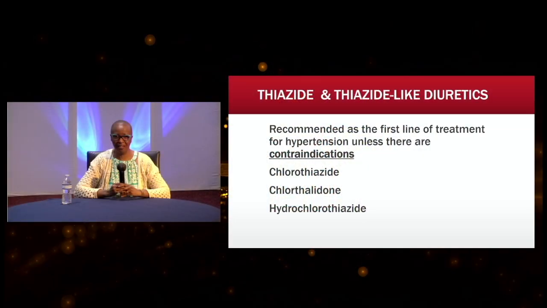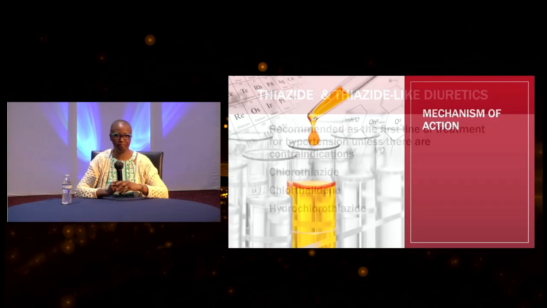There's probably a reason why it was not chosen. But these are considered first-line therapies. And we put the names of some of them there that you'll recognize: chlorothiazide, chlorthalidone, and hydrochlorothiazide. And many times people refer to these as just water pills, right? So these are the classic water pills.